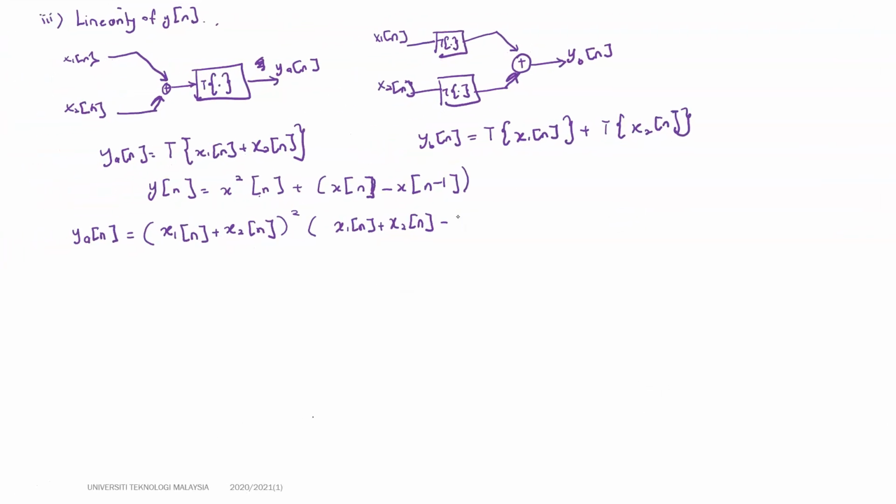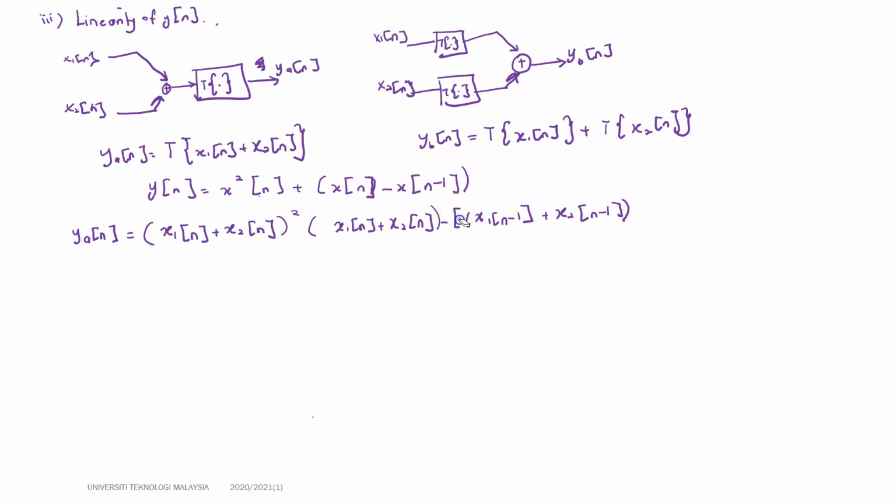So for this case, this is x1 n minus 1 plus x2 n minus 1. So look carefully here.